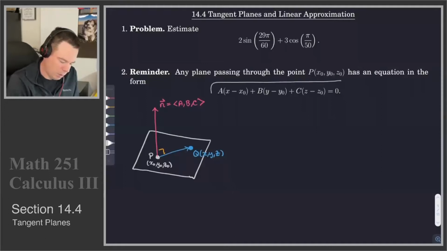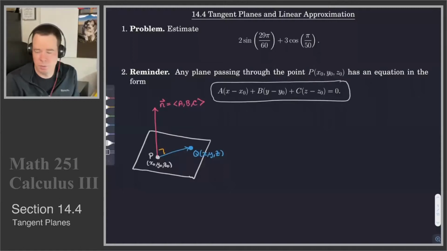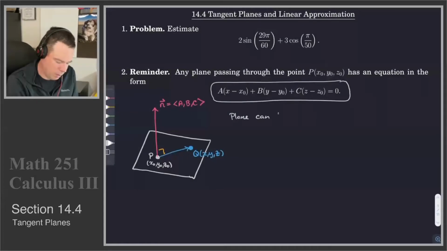The dot product of the normal vector and that blue vector has to be equal to 0. And that's what this equation is telling us. So now from this equation, the plane can be written in the form... So we'll solve for z.